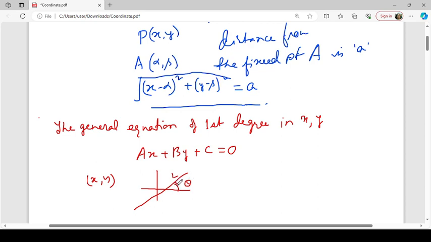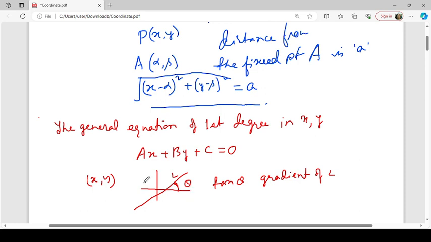So for this theta we take tan theta. We find the tangent of this angle theta, and this tan theta we say is the gradient of L.